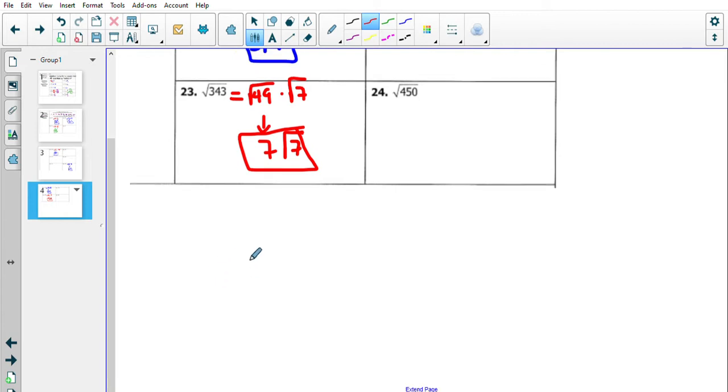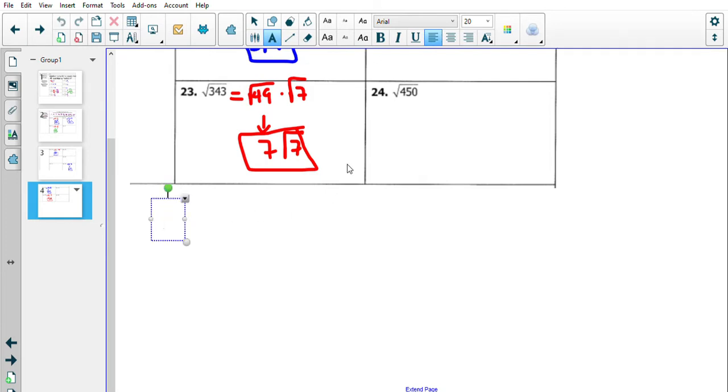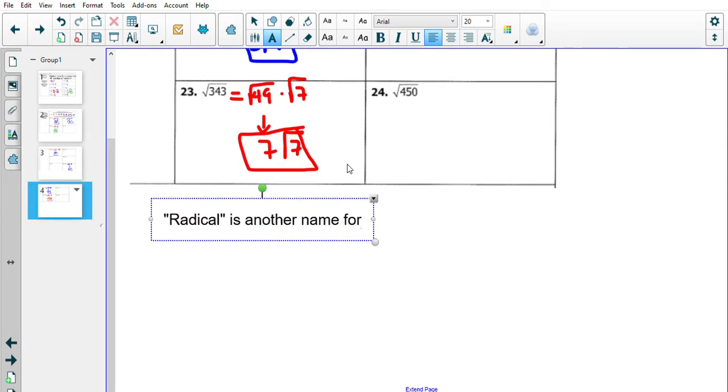Underneath there it says your summary. Okay, so I'm going to write your summary out here for you. So your summary is that radical is another name for a square root.